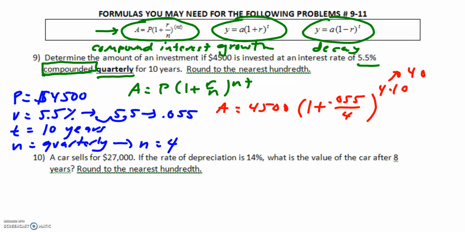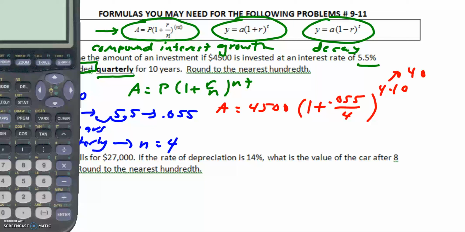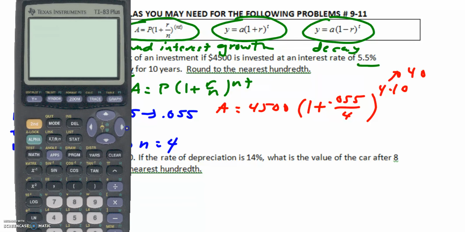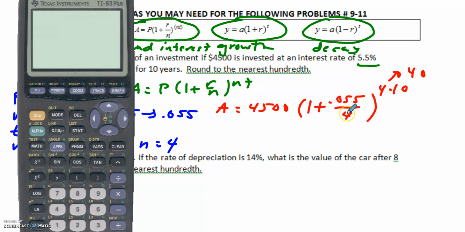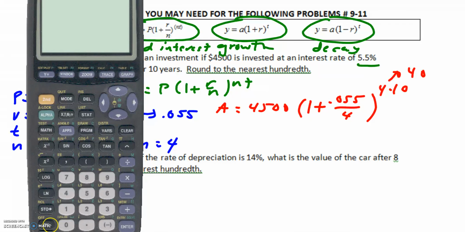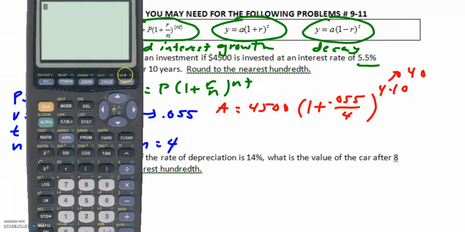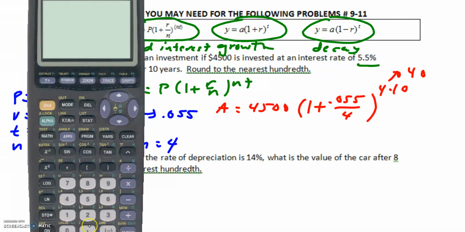All right, everyone, welcome to the Cumulative Review Packet number 8, video number 2, and we left off on number 9. So if I bring my calculator up here and plug this in, I would start with 0.055, and I would divide that by 4.